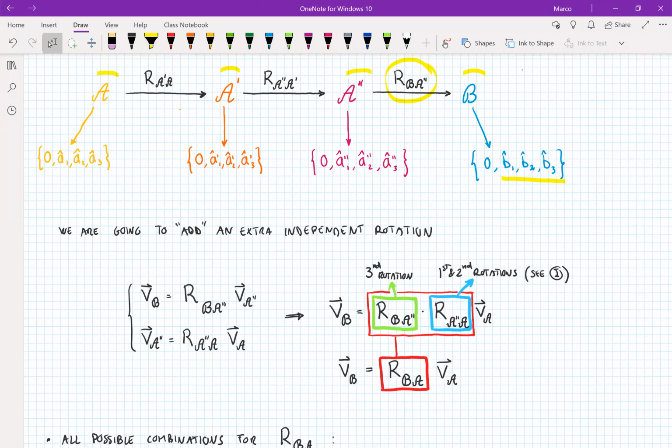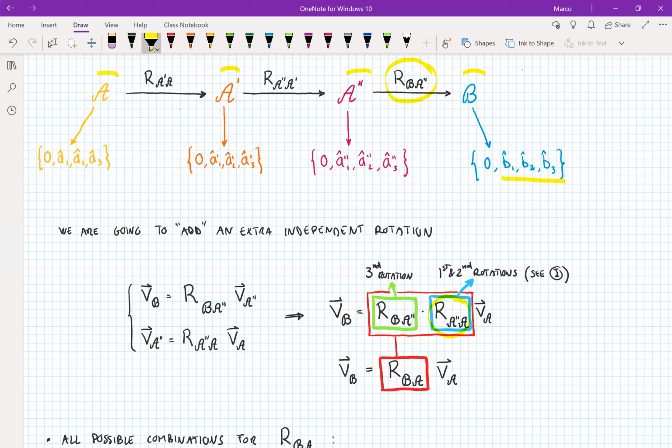So I'm using the same approach that I've used earlier.